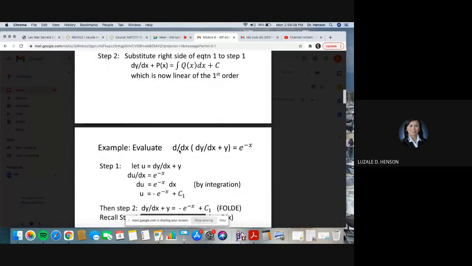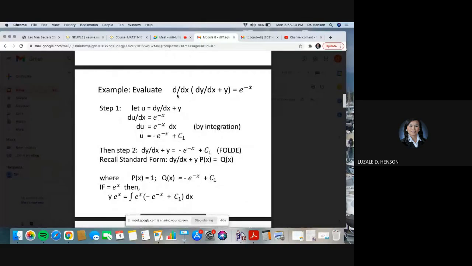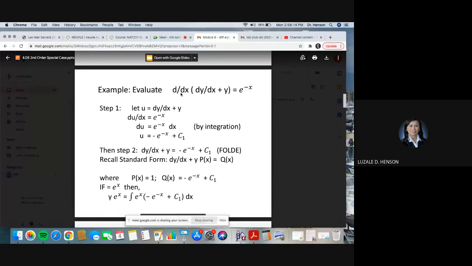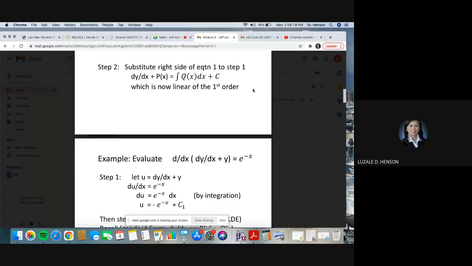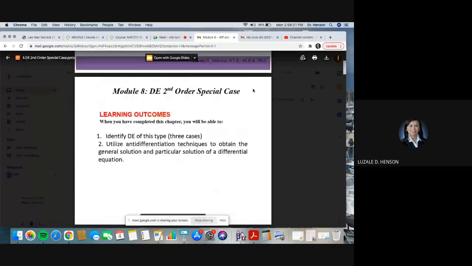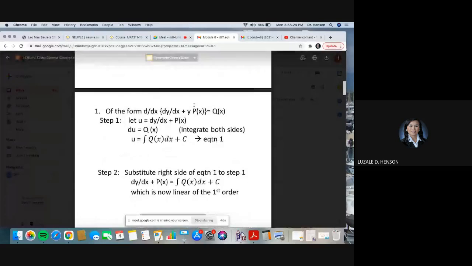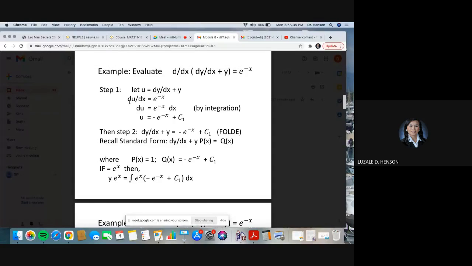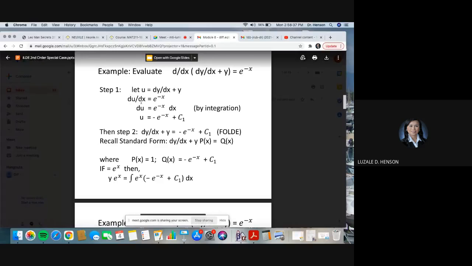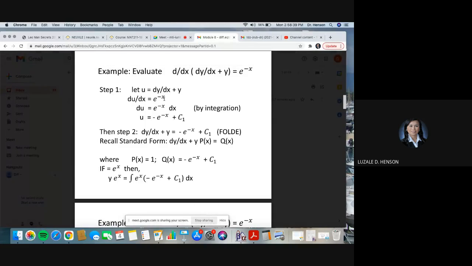So let's apply this in an example. We have the derivative of this with respect to x equated to e to the negative x. As illustrated in our steps, what you're going to do is let u be equal to this part. So in this example, you let u be equal to dy/dx plus y. That's your u. And then your next expression would be the derivative of u with respect to x equated to e to the negative x.